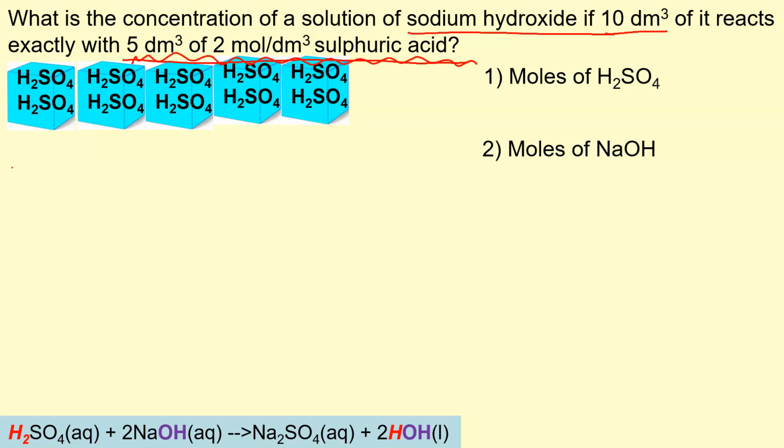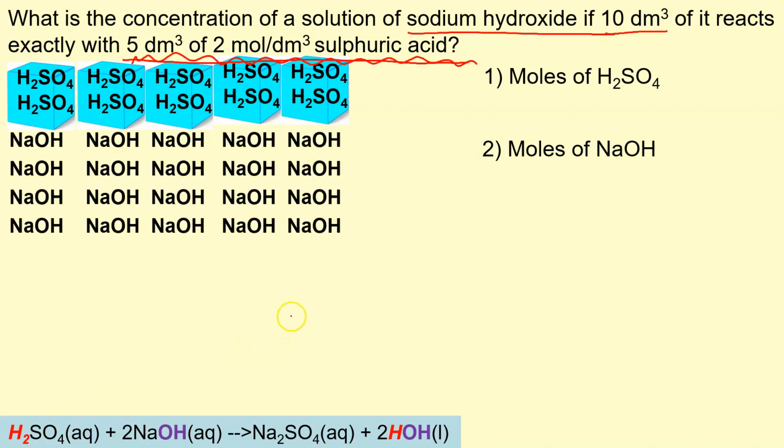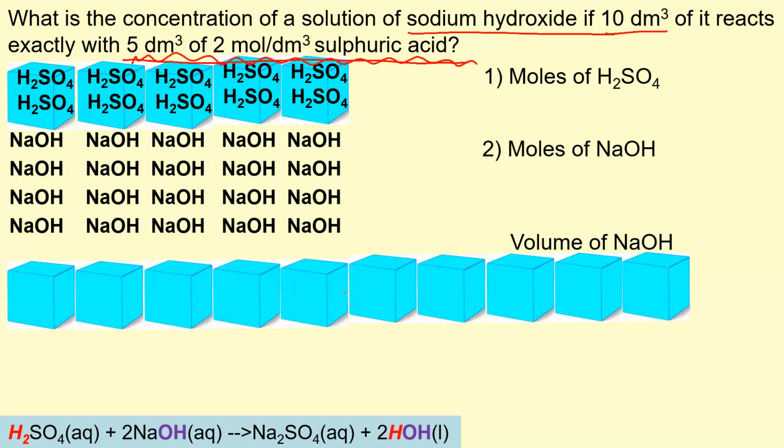To work out the number of moles of sodium hydroxide, we need to have our equation. If we have 10 moles of sulfuric acid, we will have twice that number of moles of sodium hydroxide. So that's visualizing 20 moles of sodium hydroxide. We now need to think about what volume we've got of sodium hydroxide.